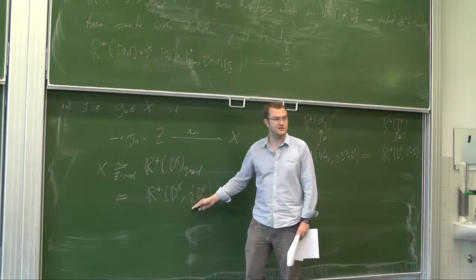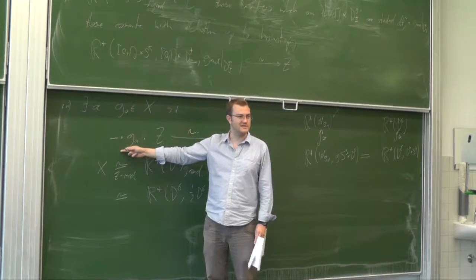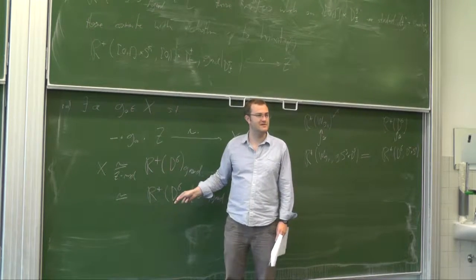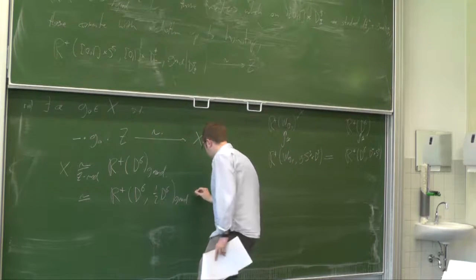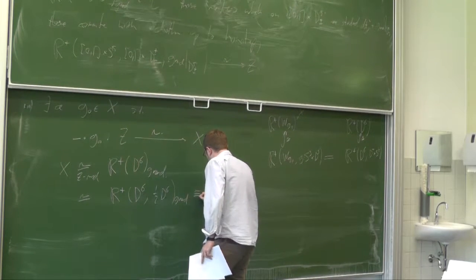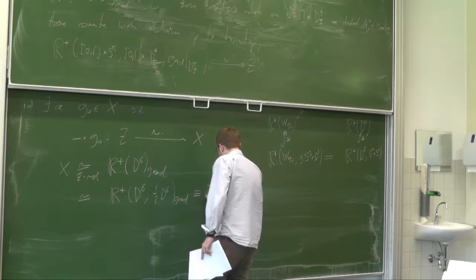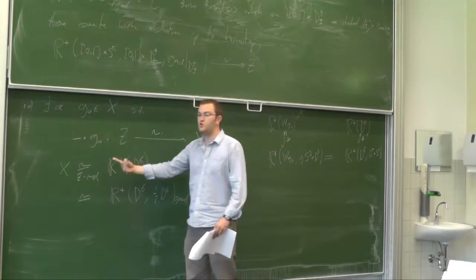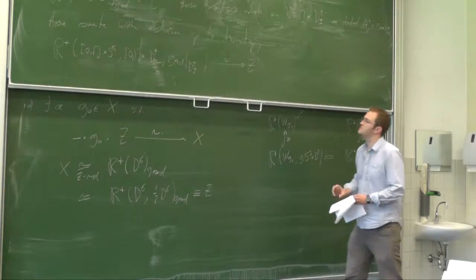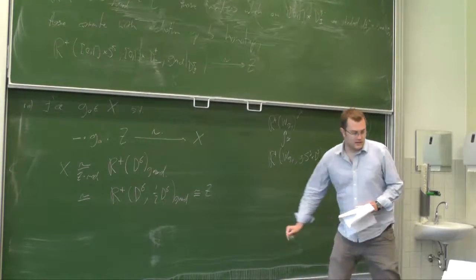This is just metrics on a cylinder, and I'm acting by metrics on a cylinder, and that's clearly a free module, and in particular it has this property. So this is just homotopy equivalent to Z again. Okay, so yeah, check all these sort of module maps and so on, but that gives this property.